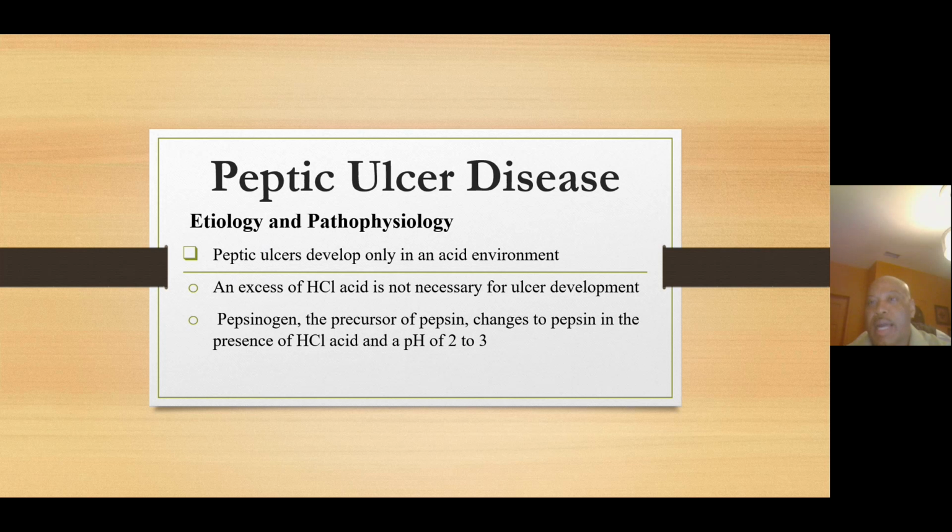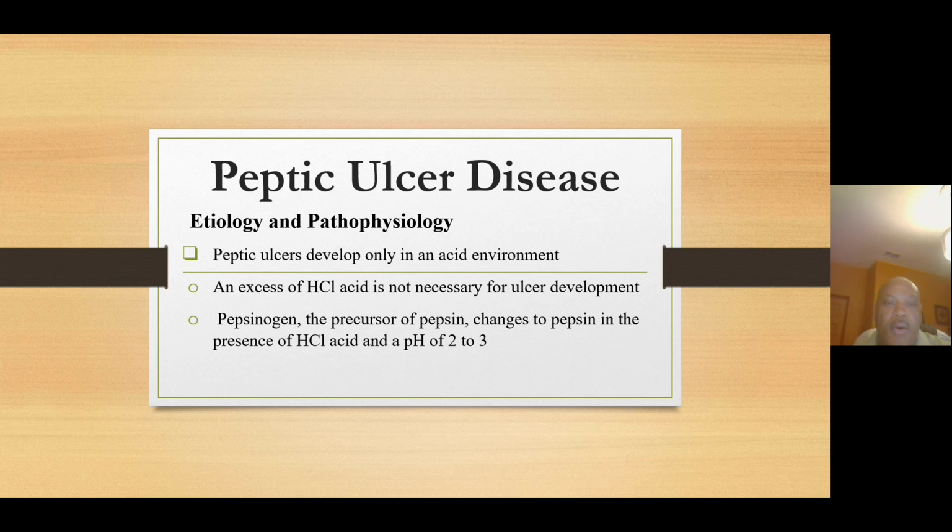So it does need hydrochloric acid, and it also requires a pH between 2 to 3 in order for that conversion to take place. Before pepsinogen can be converted to pepsin, it just requires hydrochloric acid and a fairly low pH.